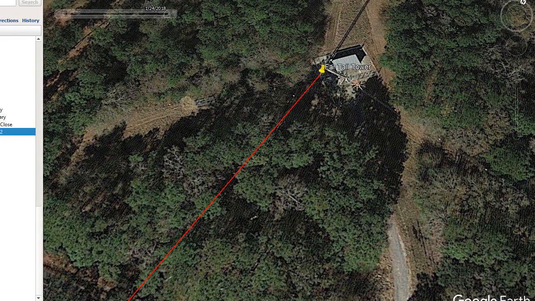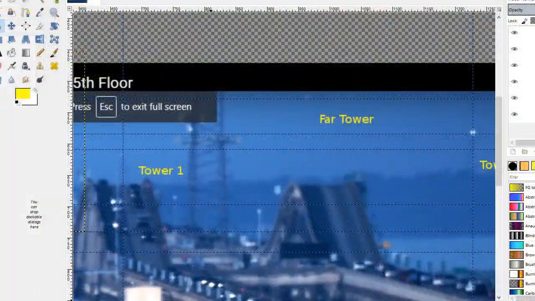And when I go back to the photo editor, the line on Google Earth comes through exactly, intersects this point on the bridge. So I don't think there's anything else that could be.